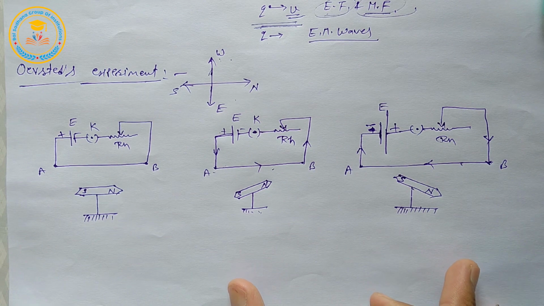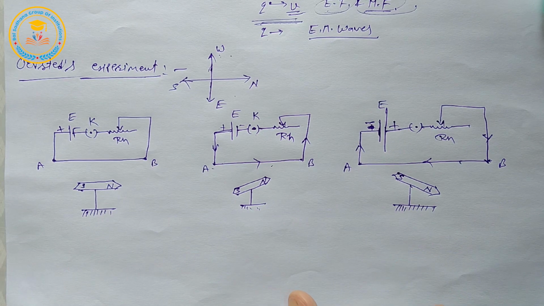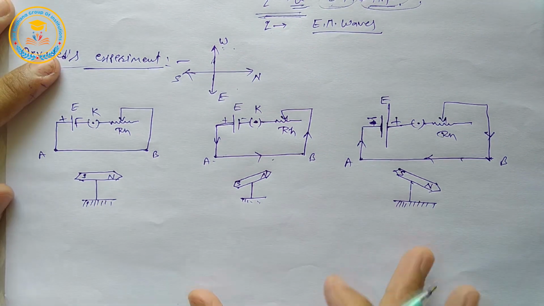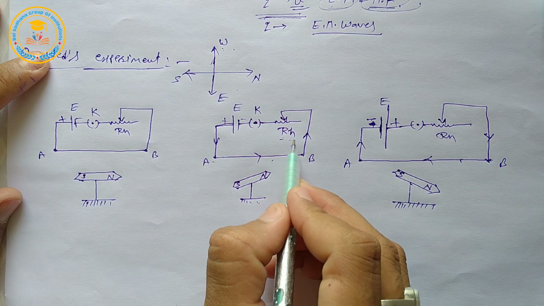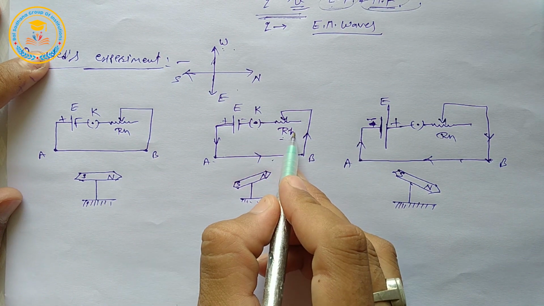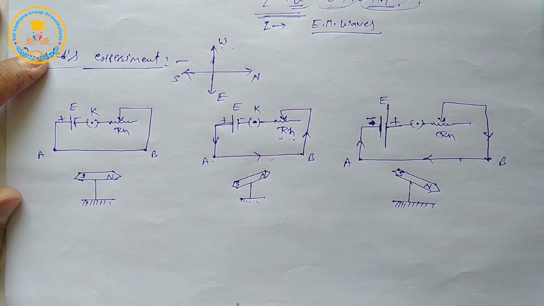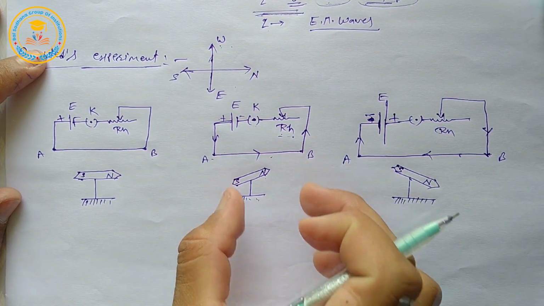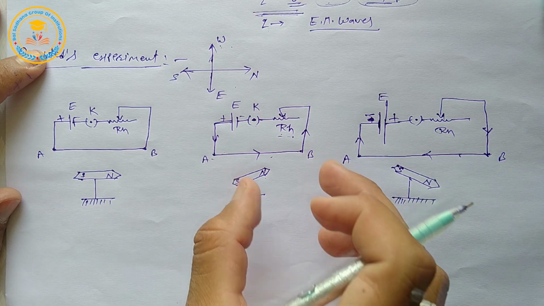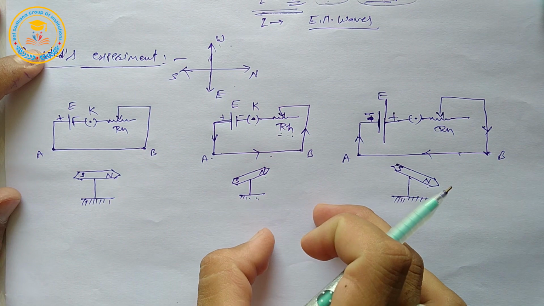From this observation, we obtain some conclusions. Okay, here from this rheostat, if the current is increased in this wire, then in this situation the deflection of the needle increases, and if the needle is brought near to this wire AB, then again the deflection of the needle increases.